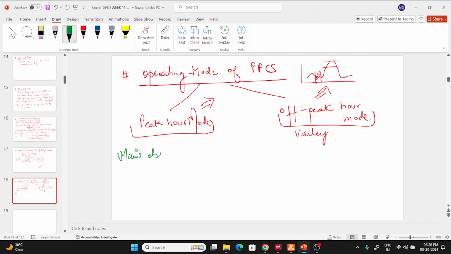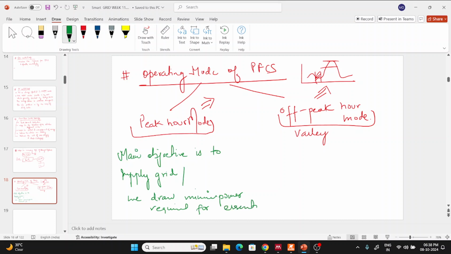main objective here is to supply grid, or we should draw minimum power required for essential loads. ओके. तो पीक आवर में क्या होता है कि main objective क्या है?